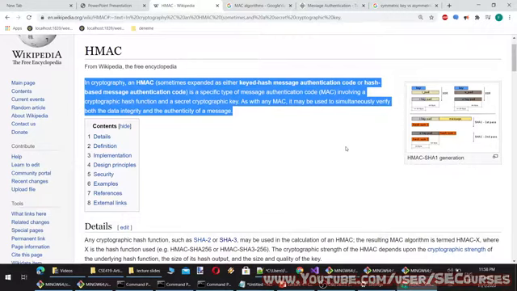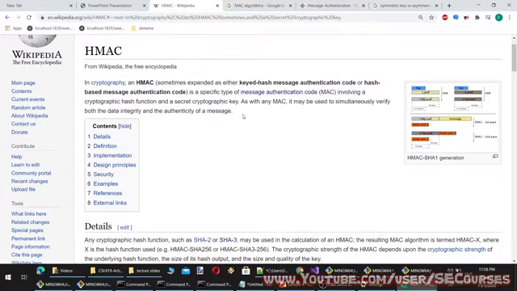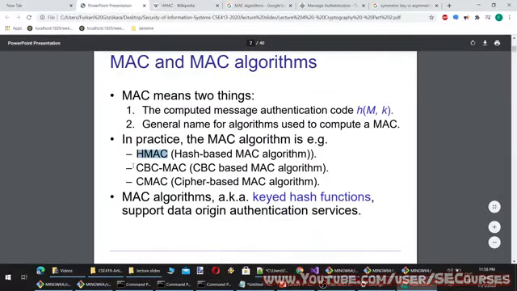In cryptography, an HMAC, sometimes expanded as either keyed hash message authentication code or hash-based message authentication code, is a specific type of message authentication code (MAC) involving a cryptographic hash function and a secret cryptographic key. As with any MAC, it may be used to simultaneously verify both the data integrity and the authenticity of a message.